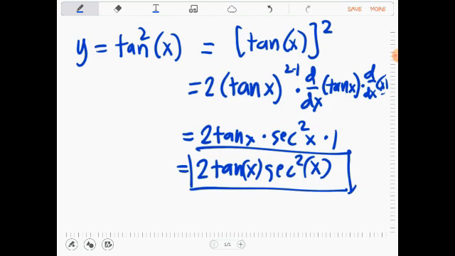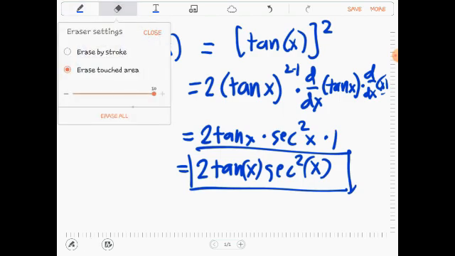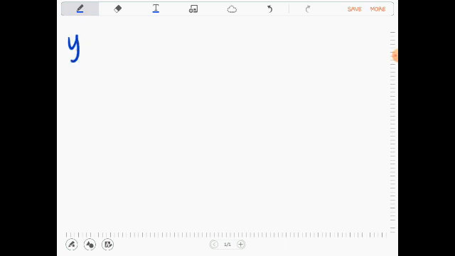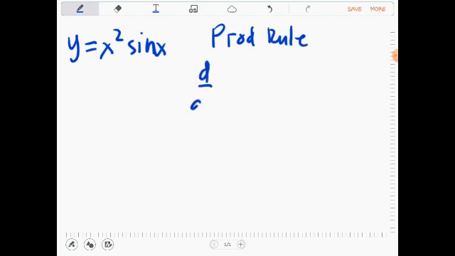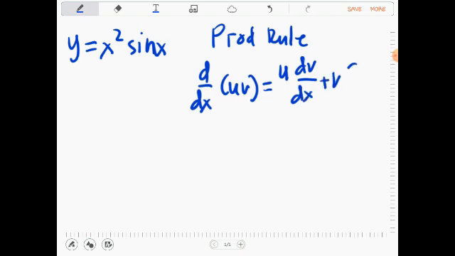Okay. So, another example. How about this one? Y is equals to x squared sine of x. So, for this, recall the product rule. We say in the product rule that if we have the derivative of u times v, that is equals to u times the derivative of v with respect to x plus v times the derivative of u with respect to x.